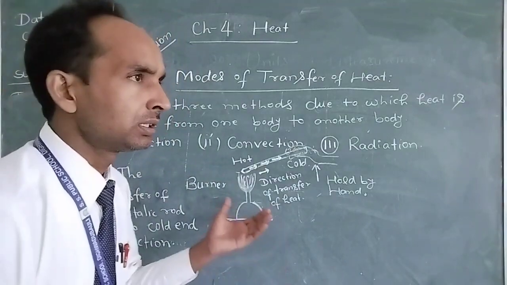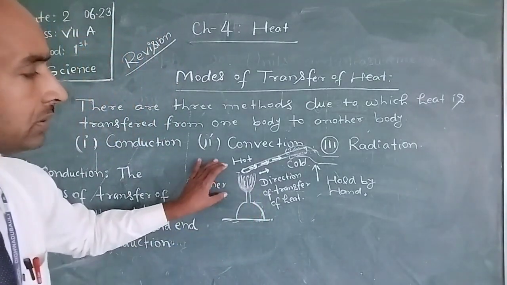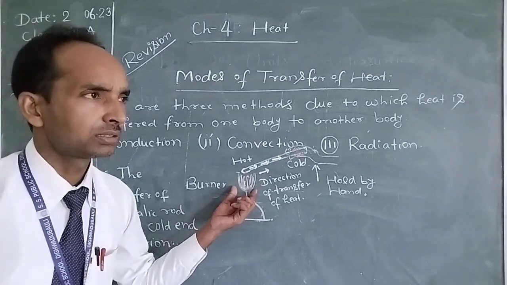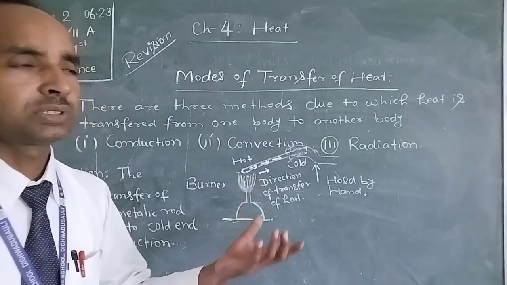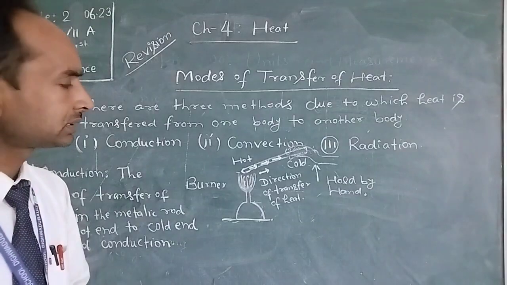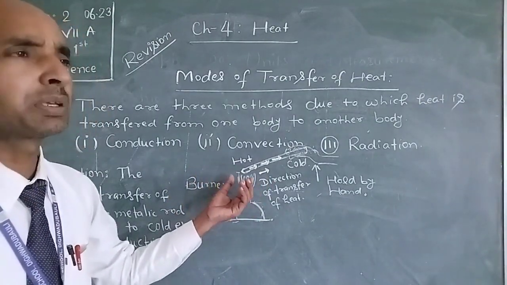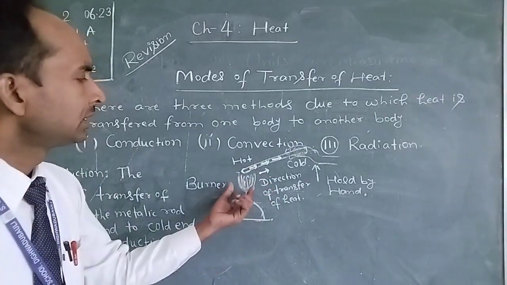Suppose you do an experiment at your home or anywhere. This is a burner. This burner may be any type, your gas burner or any other type of burner, or it may be a simple candle.